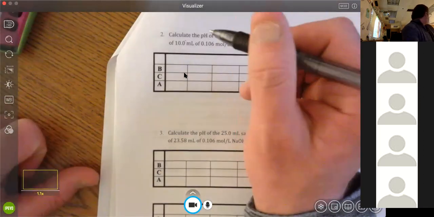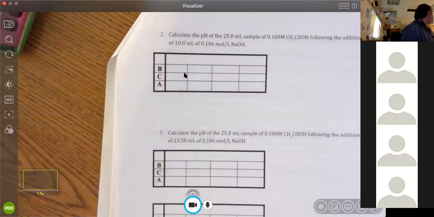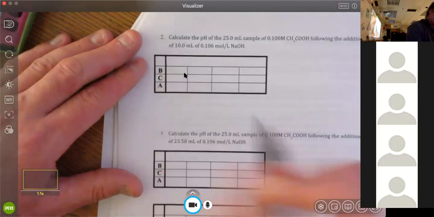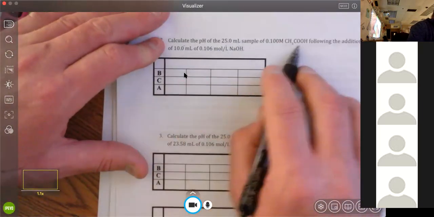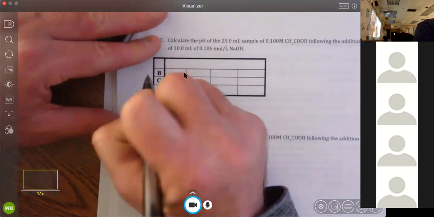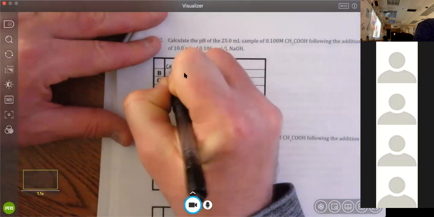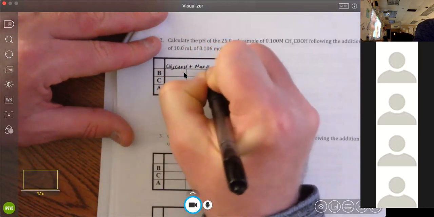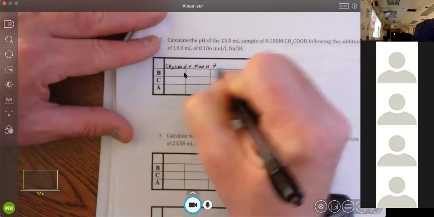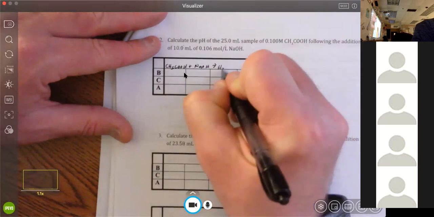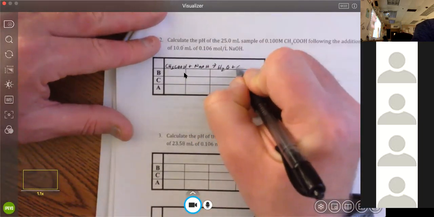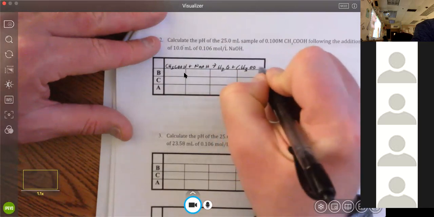Basically, this is different than an ICE table because we're having a reaction occur first. We're having this actually react with this. So let's see, CH3COOH plus NaOH is going to yield H2O and then CH3COO negative.